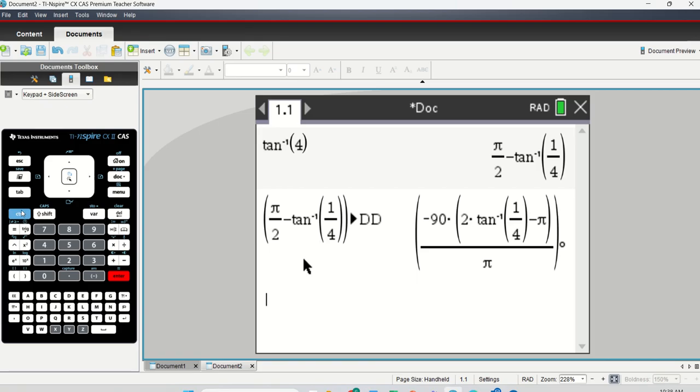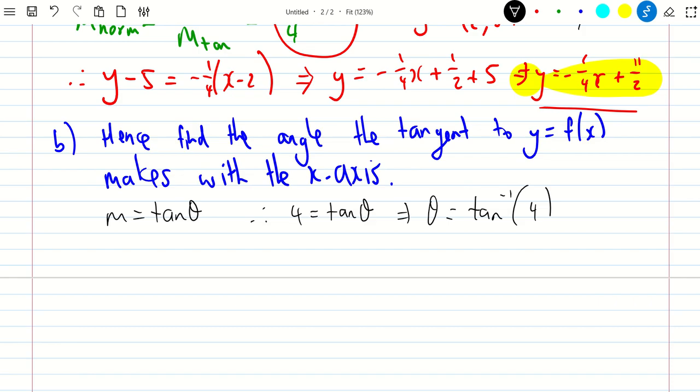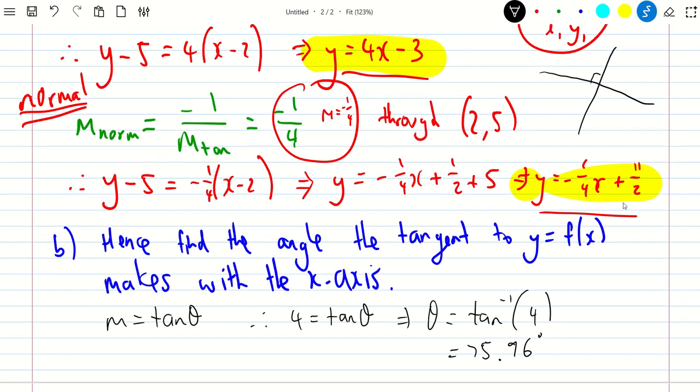That's obviously exact, so I'm going to press Control equals, and I get 75.96 degrees. I was a bit lazy in my question. I didn't say in degrees or in decimal places, but you get the idea about how you'd find the angle that it makes with the x-axis. Hope that makes sense. See you in the next video.